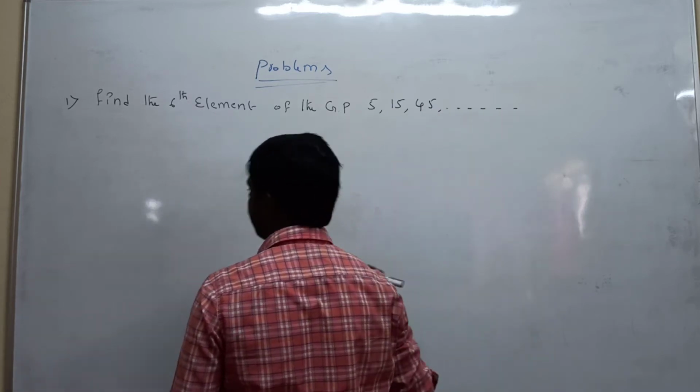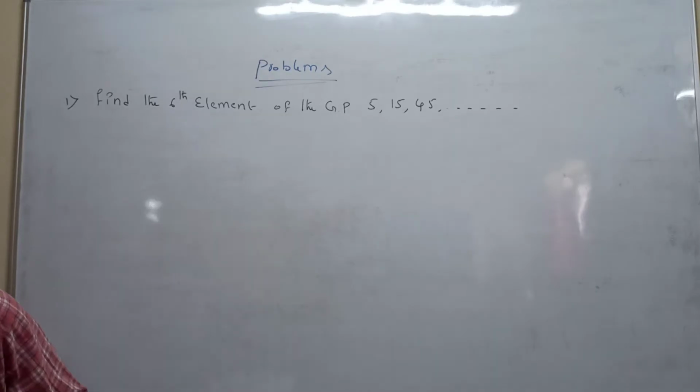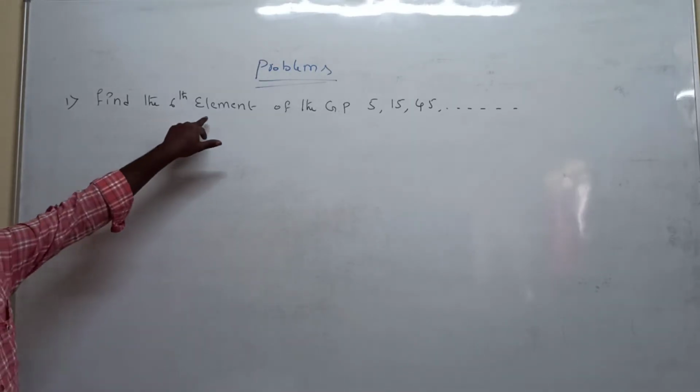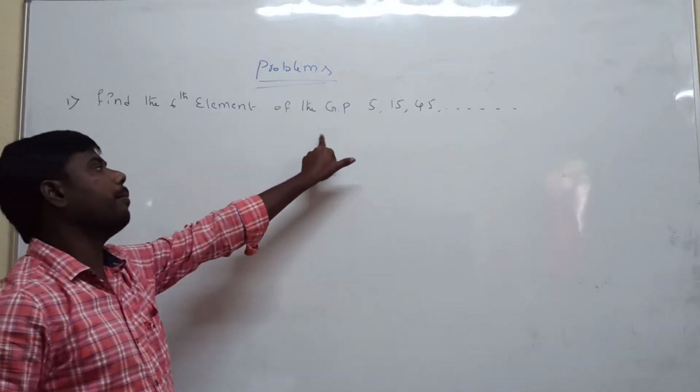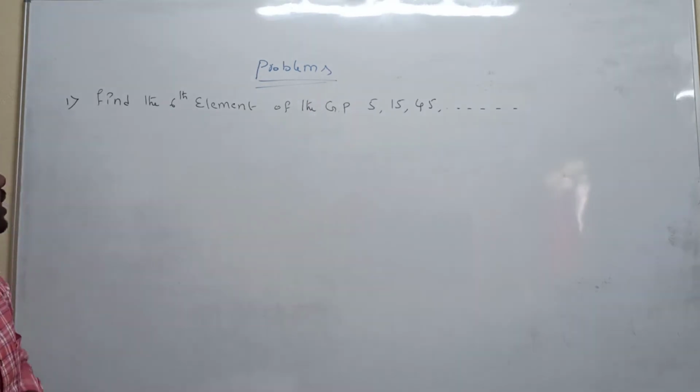What are they asking? Find the sixth element of the geometric progression. Clearly, they want us to calculate the sixth term.